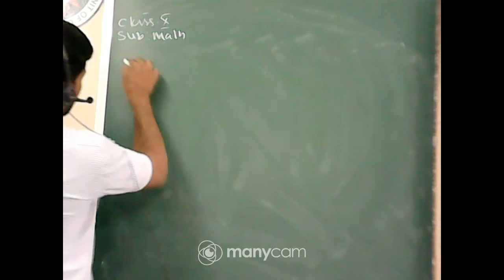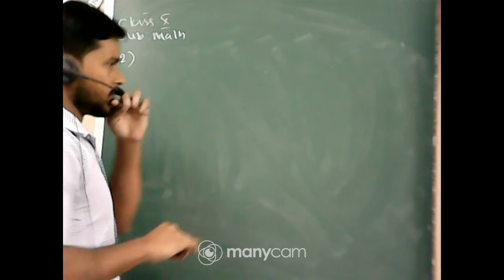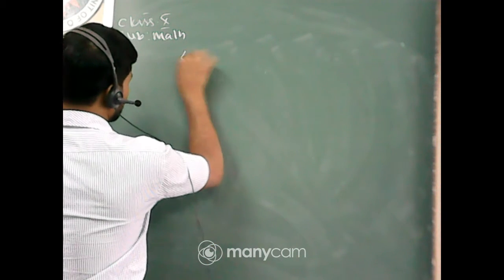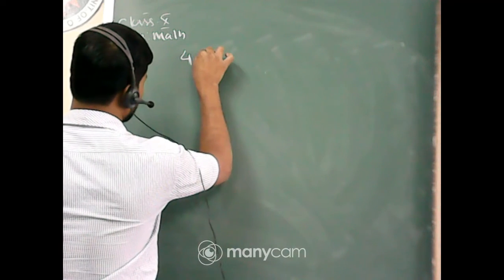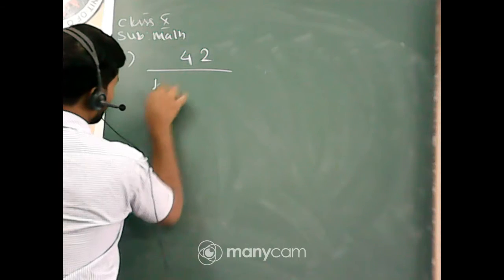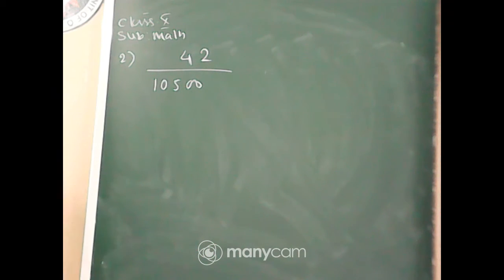The next question is, suppose the same question, if the question is like that, 42 divided by 10500. Suppose this is the number, 42 by 10500.